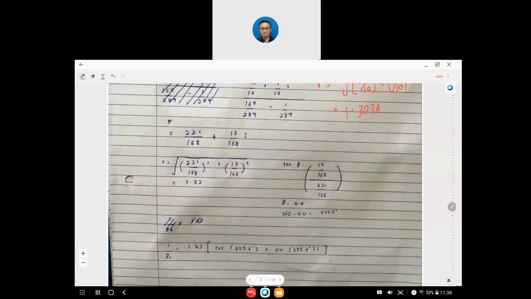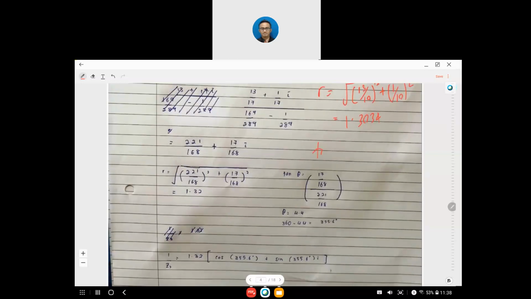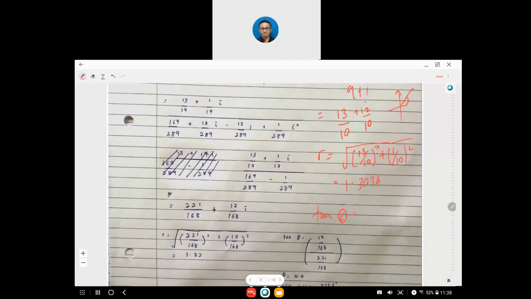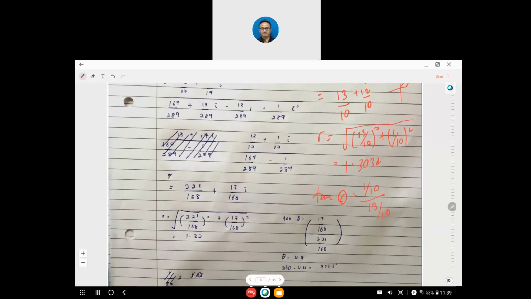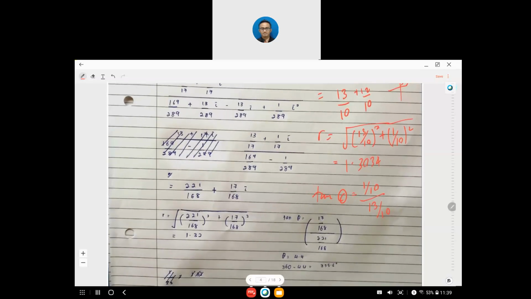Okay, and then tangent theta equal to 1/10 divided by 13/10. So if you simplify, you can get just 1/13. So theta equal to, what do you get? Okay, so your theta becomes 4.4 degree.